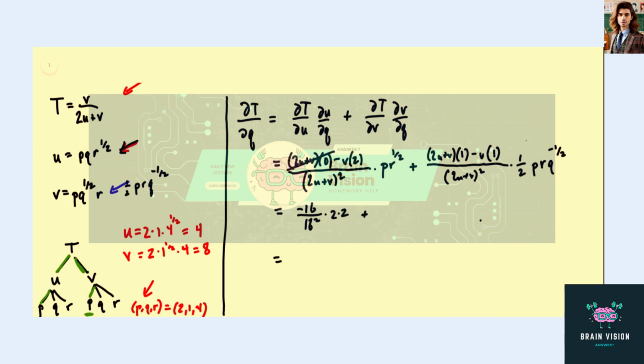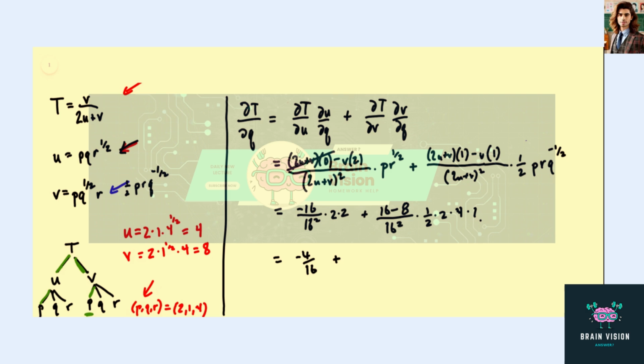Next one, 2u plus v is 16 minus, let's see, v is 8 all over 16 squared times 1/2. P is 2, R is 4, q to the negative 1/2, well, q is 1, so that'll still be 1. Okay, so then we have, let's see, 1/16 times 4 will be -4/16 plus 16 minus 8.